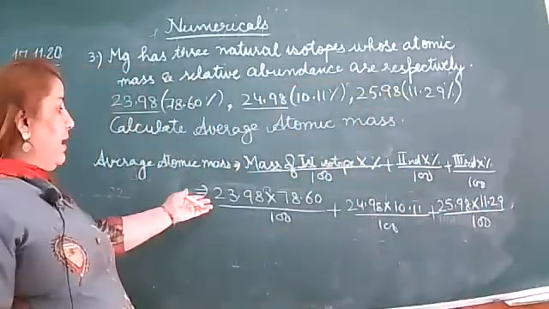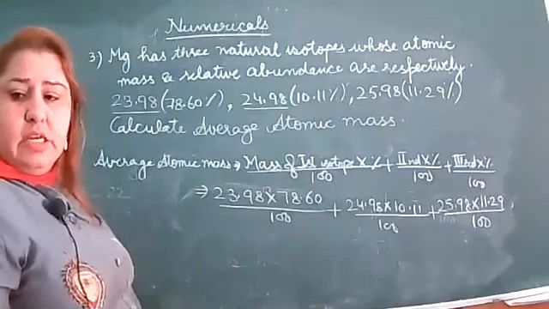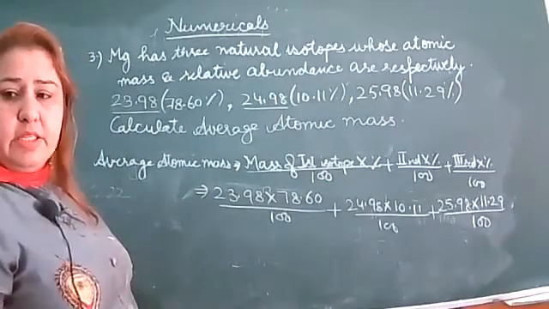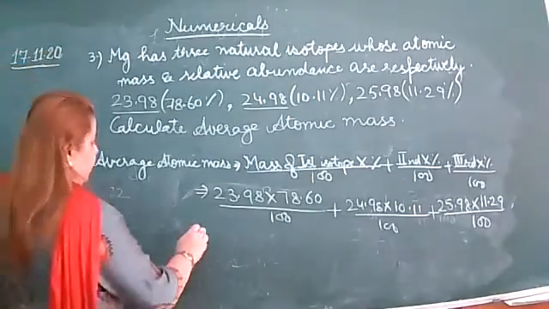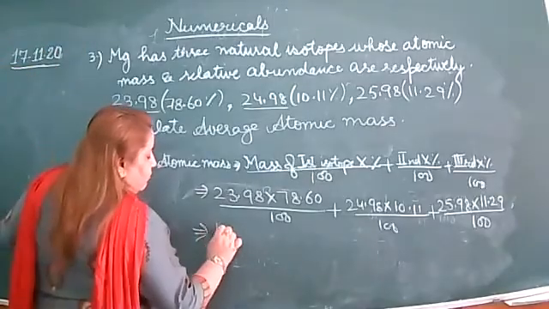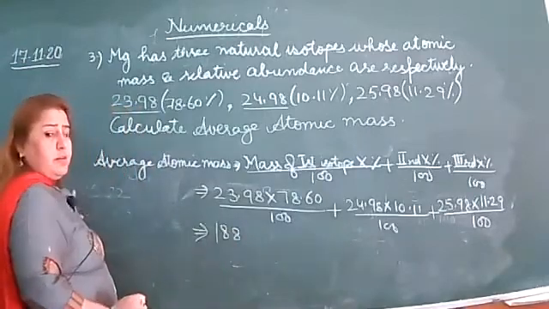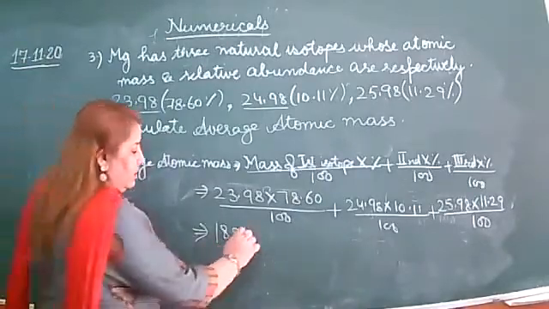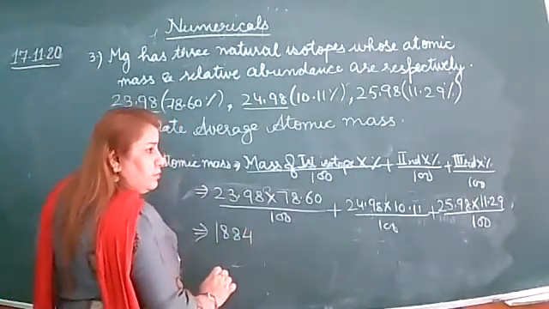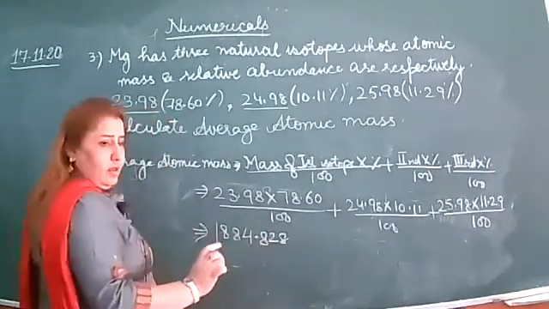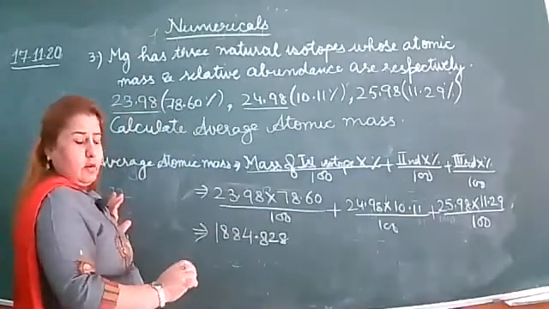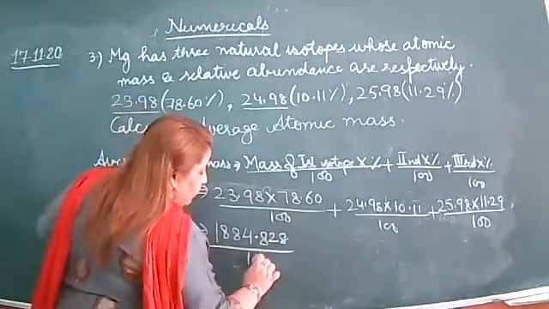Yes, who will tell me the multiplication values? Shivansh, will you please tell me the multiplication value? Unmute yourself. 1884.. 0.828. Ma'am, divided by 100. Divided by 100. Okay.